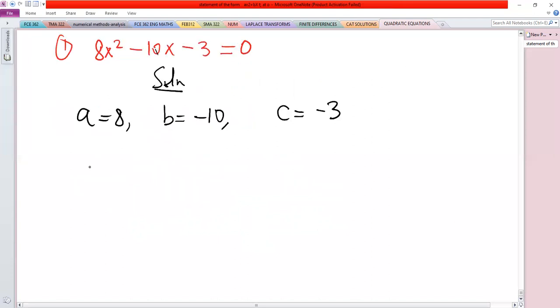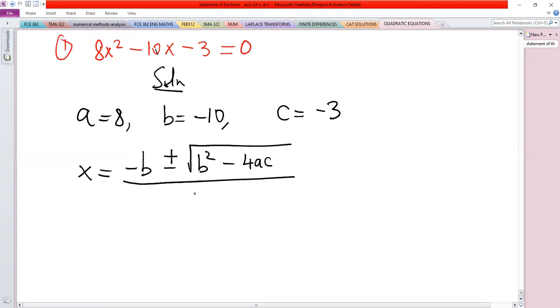And then by definition, x is minus b plus or minus square root of b squared minus 4ac, divided by 2a.